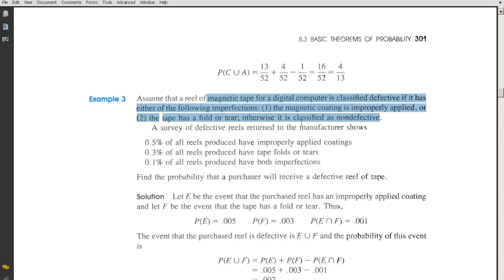Otherwise, it's not defective. So a survey of defective reels returned to the manufacturer shows that 0.5% of all reels produced have improperly applied coating.